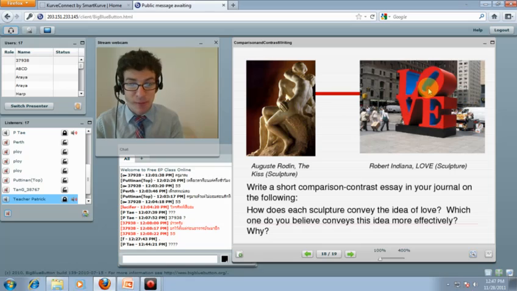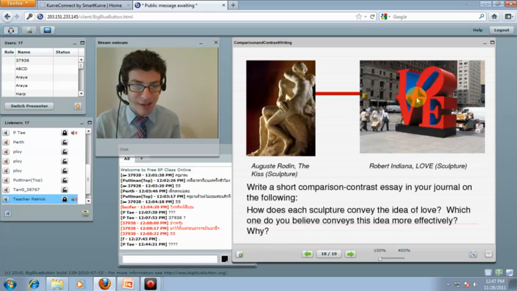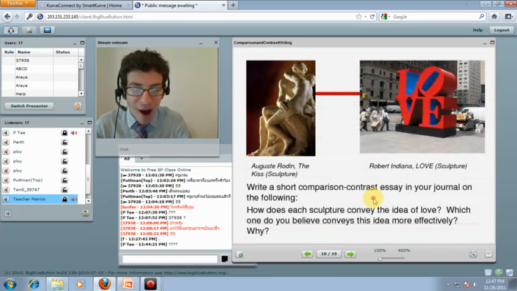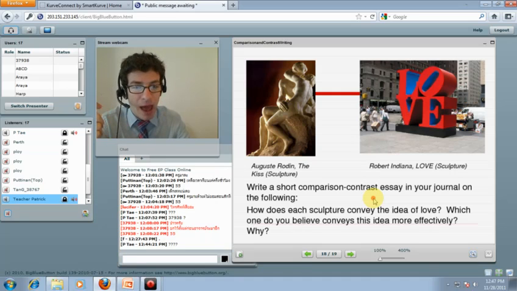So the difference I'm comparing is there are two people in one. There are no people in the other. And for me, because there are no people, it is better at its job. See what I'm saying here? So, that's parallelism. We'll get to this in a second. Whenever you have two ideas, look at what is the same, what is different, and what you want to say about them.